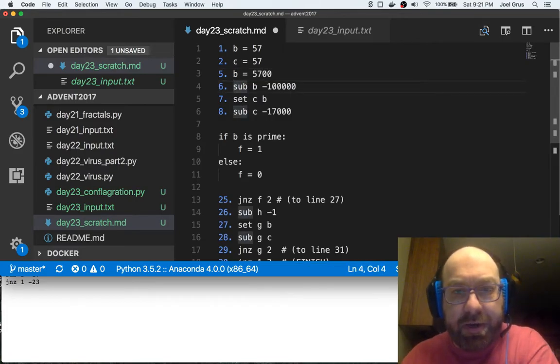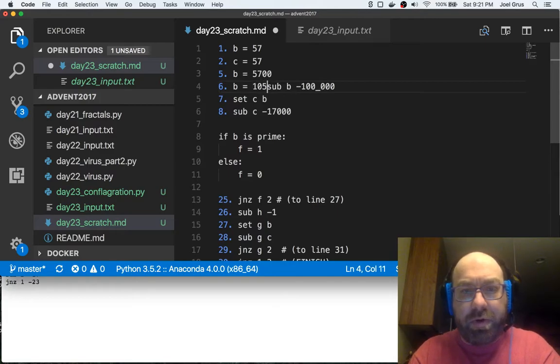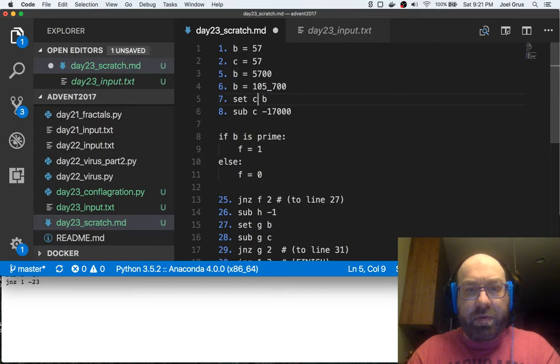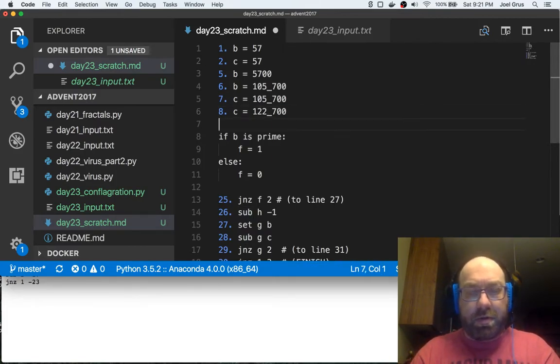We want to add 100,000 to B, so that's saying B equals 105,700. And then we want to set C to B, so C equals 105,700, and then subtract off C minus 17,000, so we add 17,000, so C equals 122,700.